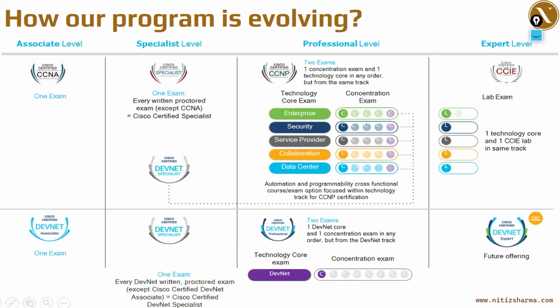All right. For some time now, Cisco has revamped and evolved their certification tracks. Earlier, if you remember, they had just one exam for each track: your Routing and Switching was one exam, your wireless was one exam, your security, your data center, your service provider.